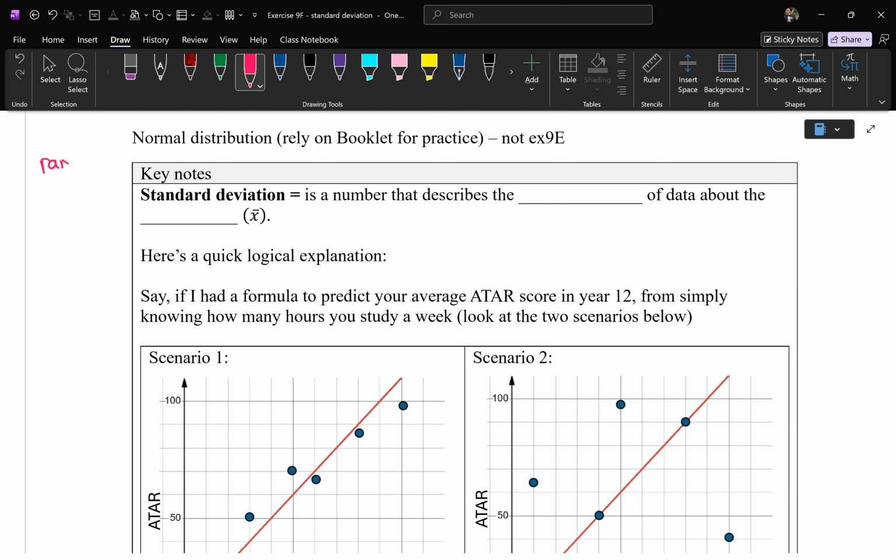I said, in year 7, the only way to look at how wide a set of data is, or the spread, is you learnt range. And we said range is equal to maximum minus minimum. So what is the largest number minus the smallest number? So that was year 7, right? Then you get to year 8 and year 9.